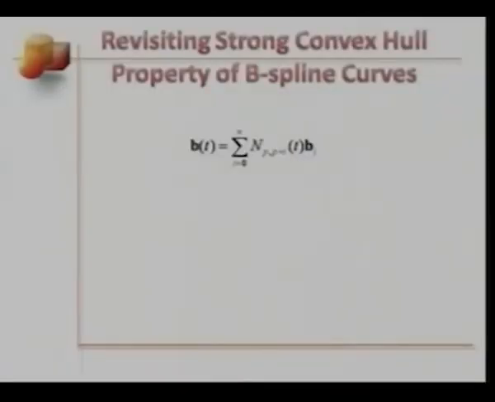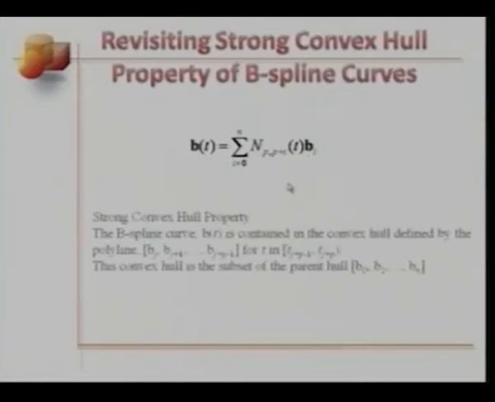So this is our B-spline segment, P of t, which is defined as summation i going from 0 to n, N p plus i of t times b i. These are our B-spline basis functions, and these are the design points that you specify.